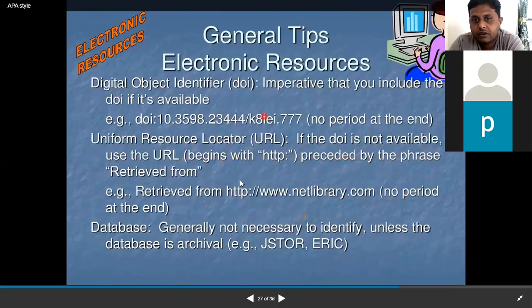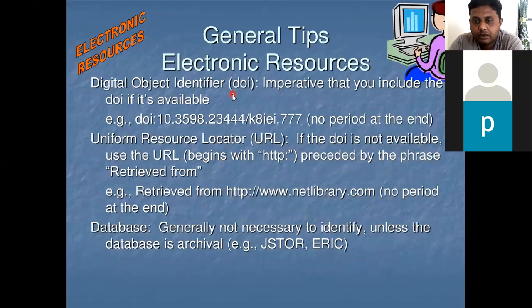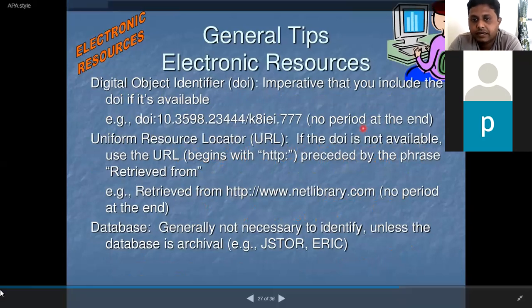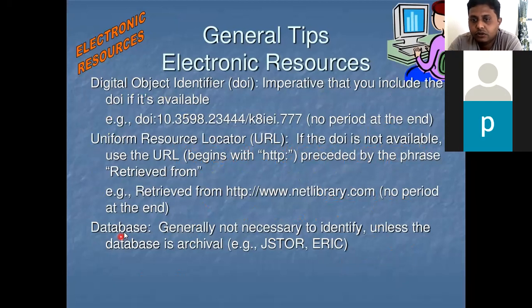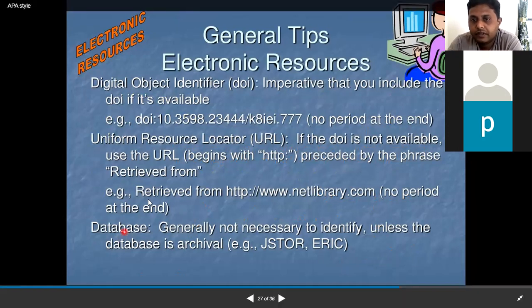In the case of electronic sources, we have to mention the DOI, if it is available in that text. If some database, meaning some stored material, is available, we can also mention that. See, websites are available over here. We can mention the websites like this using HTTP, that is the URL, in the same way.